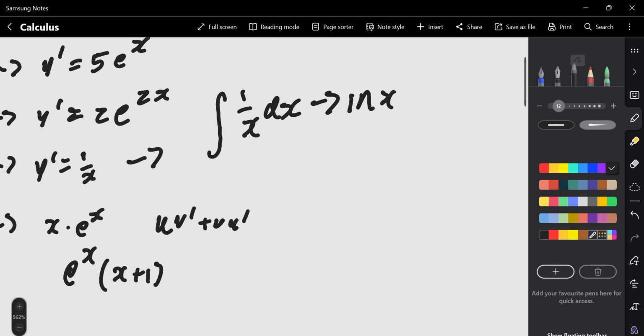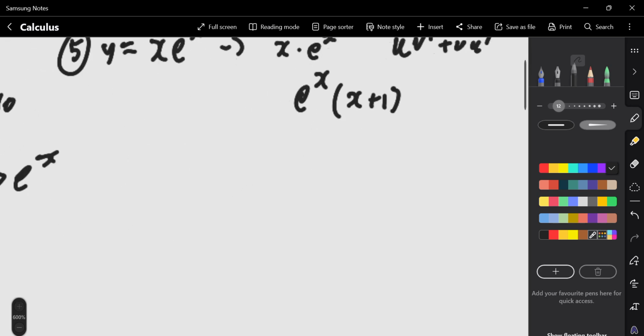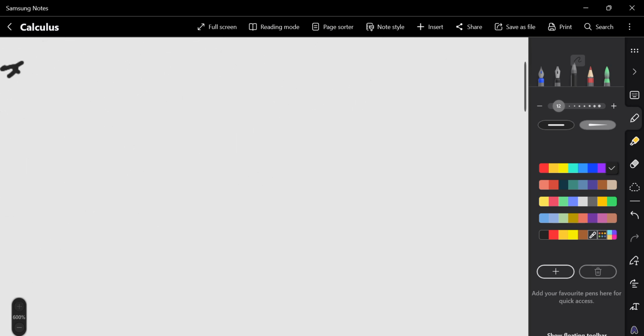So if we take y equals ln x, let's go through this because I don't know if many teachers have actually taught this. Well, what this means is x equals e to the y. If you wanted to get rid of the ln, you'd exponentiate both sides. So x equals e to the y.